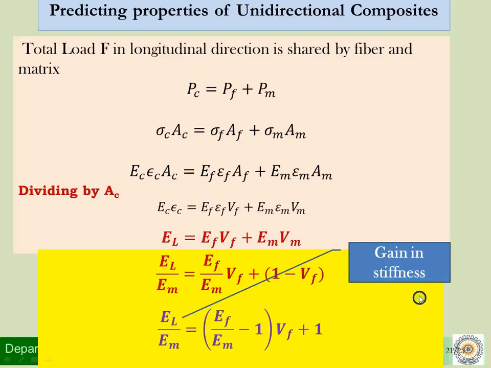Gain in stiffness means gain in stiffness of the matrix, because the matrix is considered to be a material having low stiffness and fiber a material having high stiffness. By combining them I get EL, and that ratio of EL to EM, the high stiffness composite to the low stiffness matrix, is what we say is the gain in stiffness. So the gain in stiffness can be written by this expression.